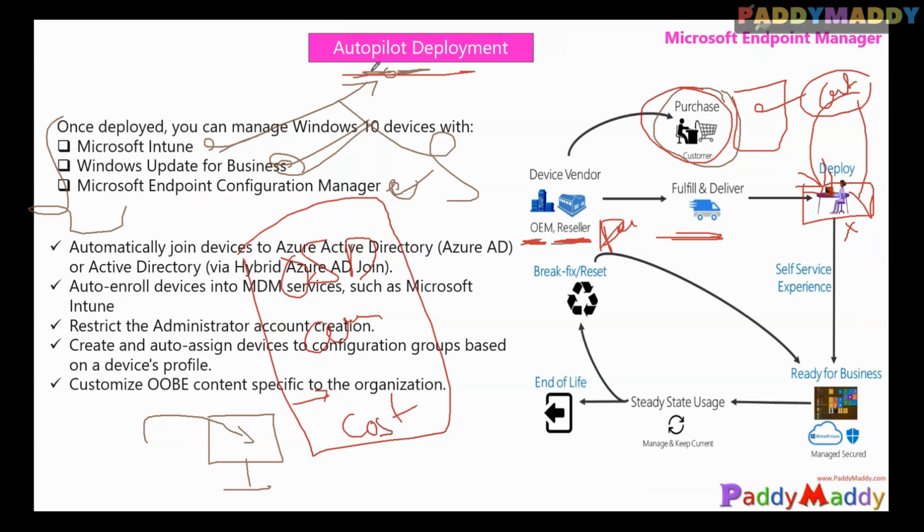That's where Autopilot started. So why can't we use the existing machine that is shipped by the OEM vendor or reseller to us? Can we use the same machine as it is and bring that machine into our standard environment, so that we need not worry about the drivers, because the OEM vendor is already shipping the drivers, and also the operating system?